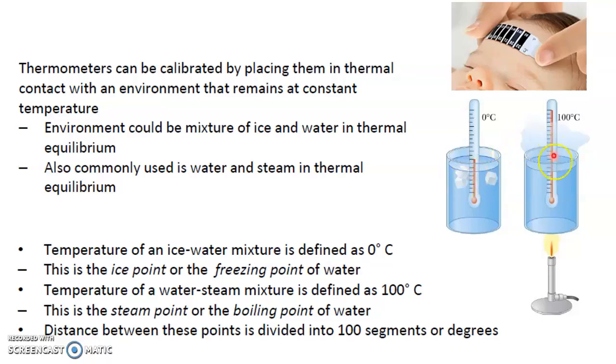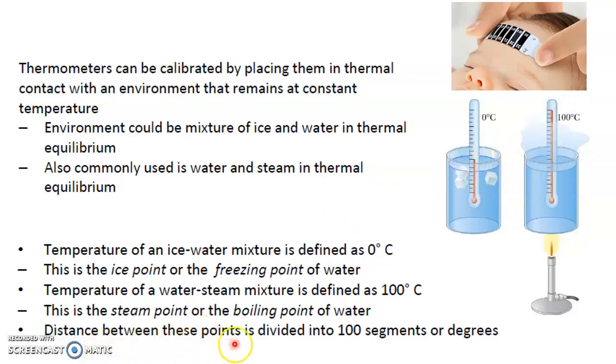Moving on, we can put the thermometer inside of this water-steam mixture, and then we know that the temperature should be 100 degrees Celsius, and we put a scale on the cylindrical part of the thermometer.